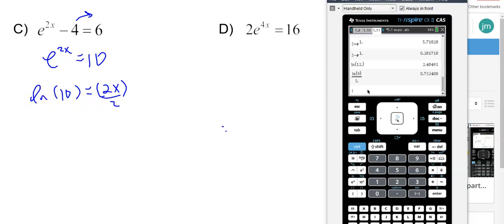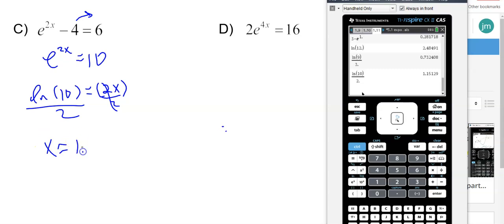And last step, divide by 2 to solve for x. That's the exact answer. You can get your calculator out. Natural log of 10 divided by 2 is x, approximately equal to 1.1513.